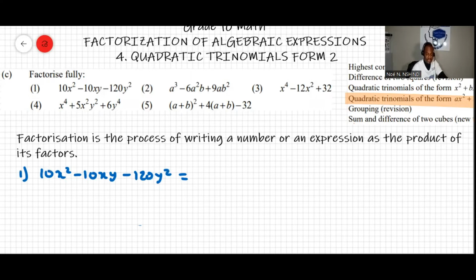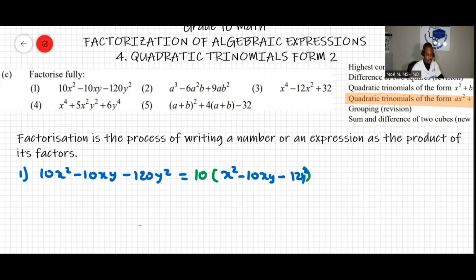So you can take 10 as a common factor, and then it will be 10 times x squared minus xy minus 12y squared. And then from here, you can factorize by applying the technique that we did in question D and even in question A.